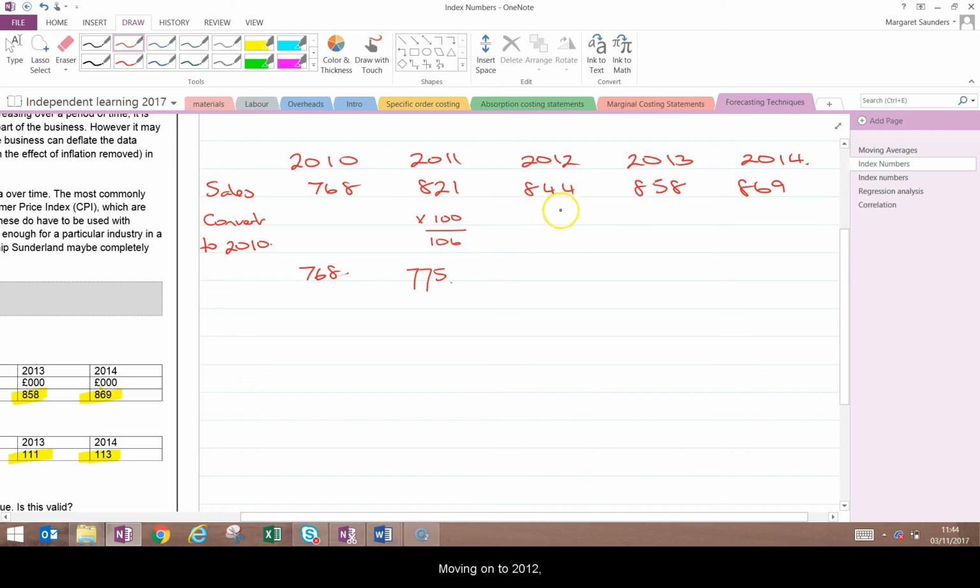Moving on to 2012, we multiply it by the index for 2010. We divide it by the index for 2012.